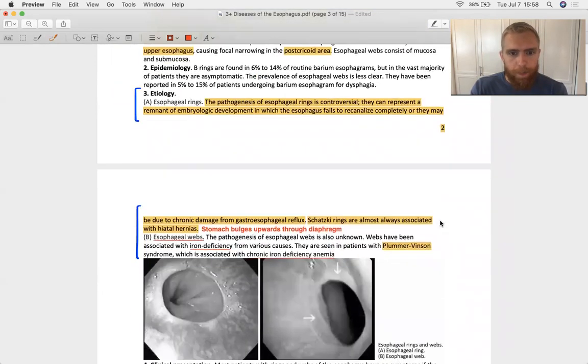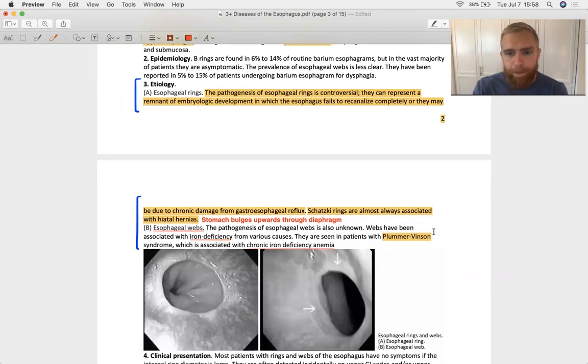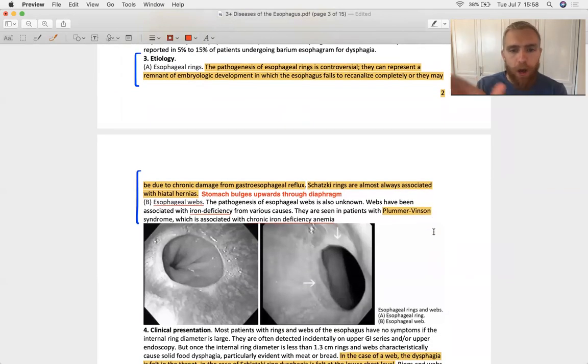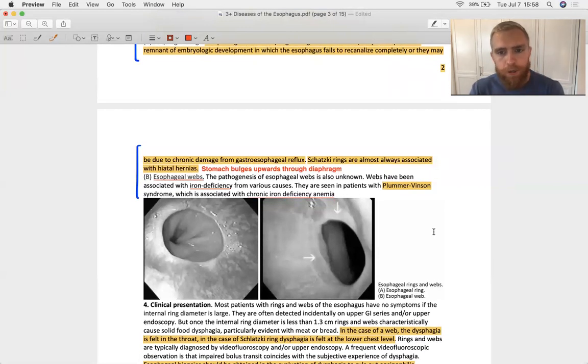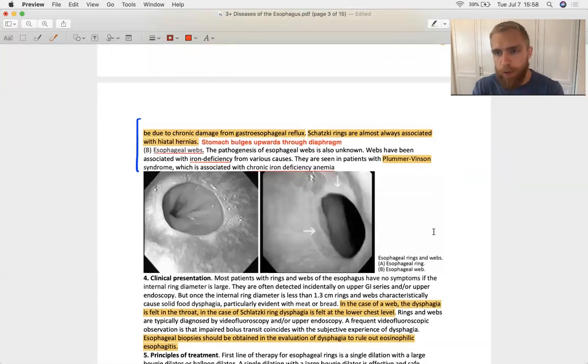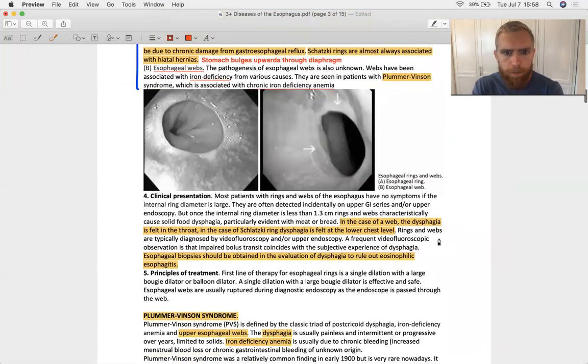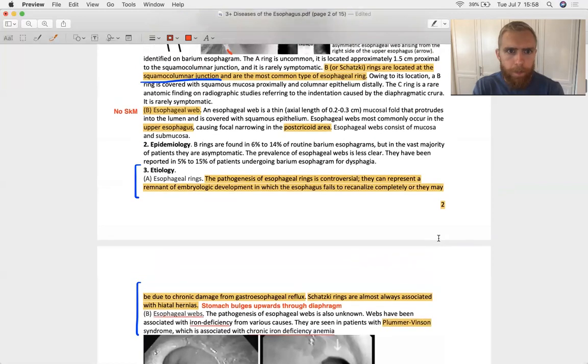And the pathogenesis of esophageal webs is also unknown. However, we understand that esophageal webs are associated with iron deficiency anemia, and particularly the presence of a web in conjunction with anemia is called Plummer-Vinson syndrome, and that's something you ought to know.